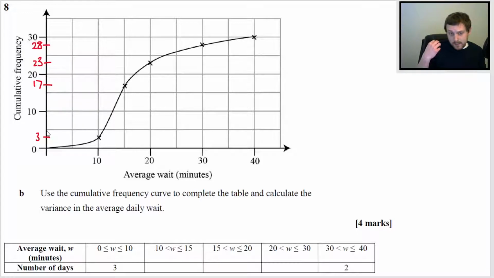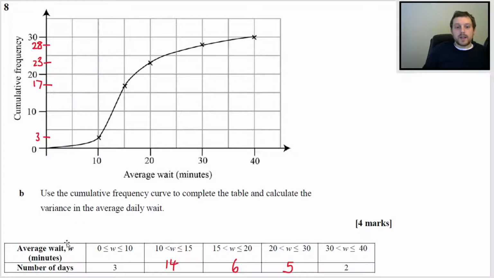Now, I did award partial credit if your numbers still made sense, and if you then used your numbers in the next part, I just gave you full marks for that part as long as the working out was right. Again, in the real exam, you're not going to get a graph that looks like this where it's so open to interpretation. So basically, 30 take away 28 is 2, 28 take away 23, we put 5 here, 23 take away 17, we put 6 here, 17 take away 3, we put 14 here. So this is actually what the numbers needed to be that went in the table.